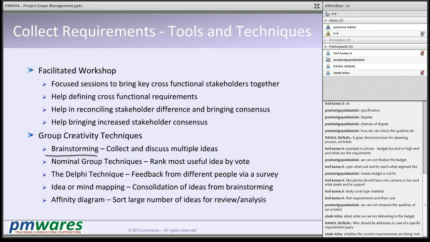The Delphi technique is one of the very important techniques and is quite used with people who are geographically not co-located. To get their ideas, we normally use a survey or questionnaire to send out to all those people. In the Delphi technique, we do not tell these people who all are involved.